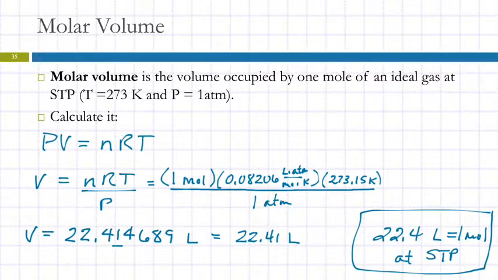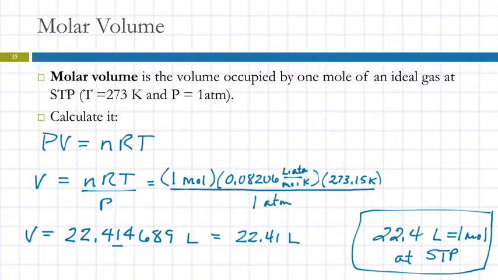This is called the molar volume of a gas. That's the volume of which gas? Any gas. 1 mole of any gas is going to occupy the same volume at STP.